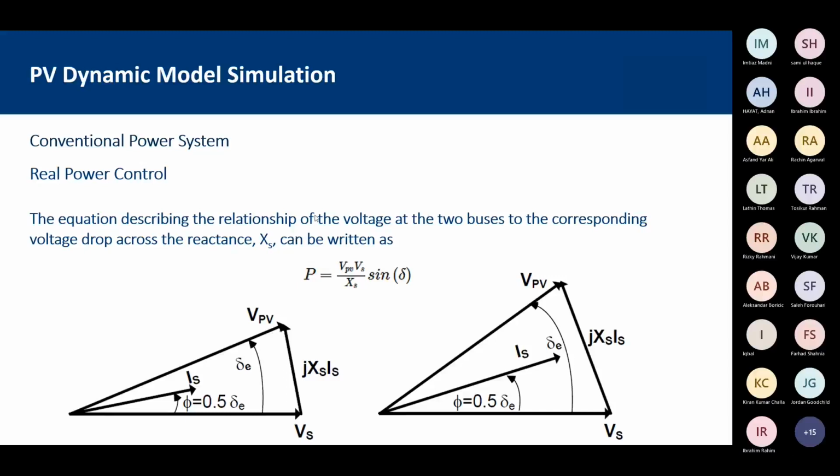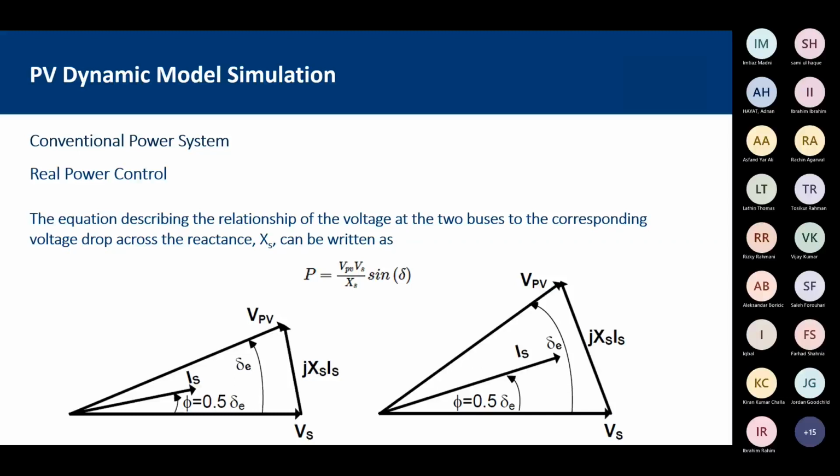So the equation which describes the relationship of voltage at two buses can be written in this form. P is equal to VPV, VS over X, sine of the angle. That's very straightforward.